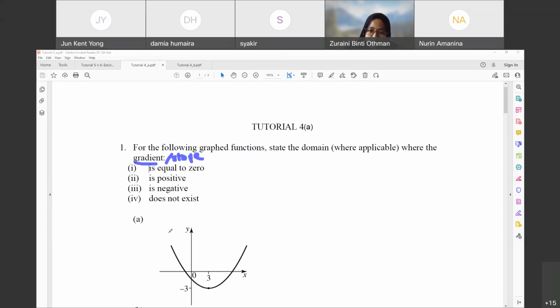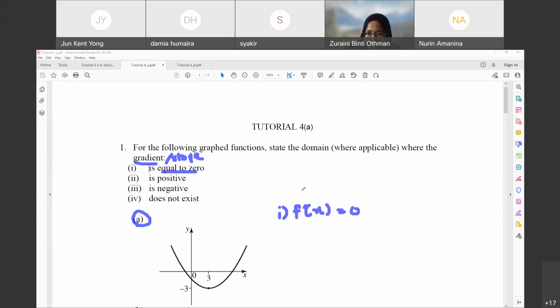Okay, now I want to ask from this graph A, for number 1, where f prime x is equal to 0.